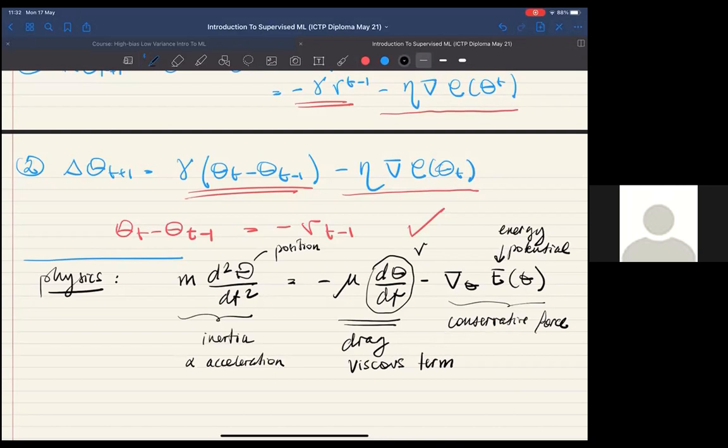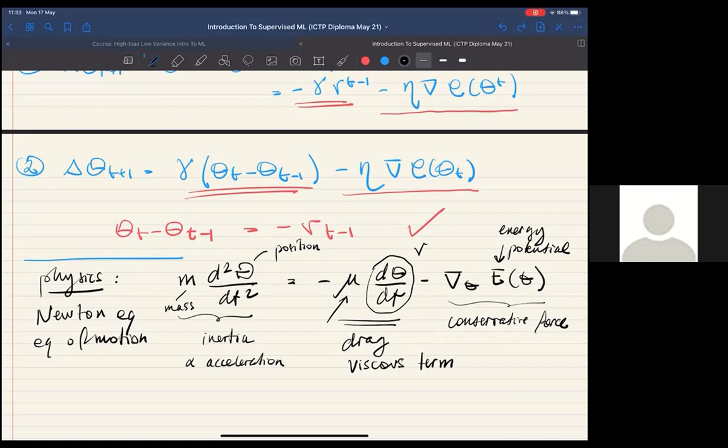So this Newton's equation, or equation of motion, represents a particle with a mass m, who is in a viscous fluid with viscosity constant mu, and at the same time experiences a potential energy, so a force derived from an energy potential, which is here.